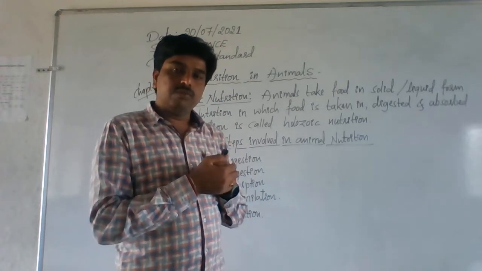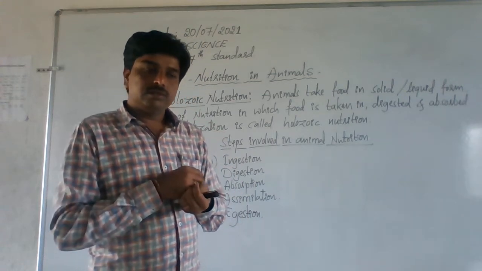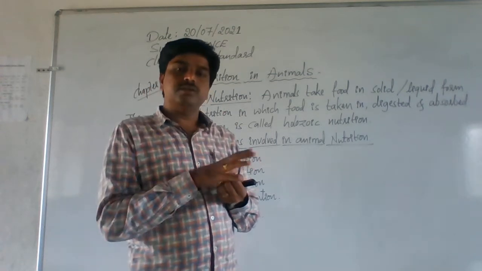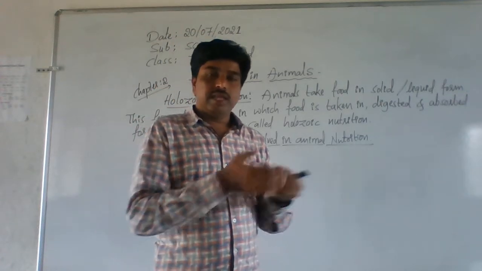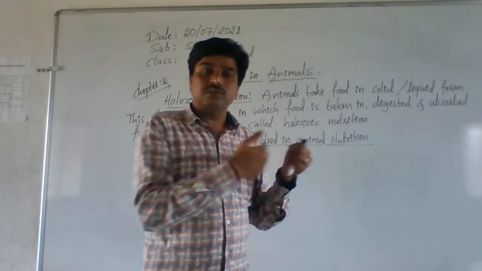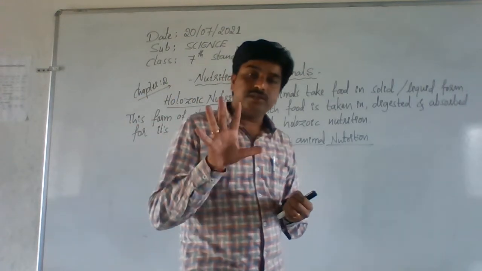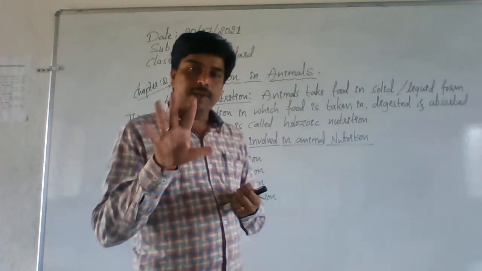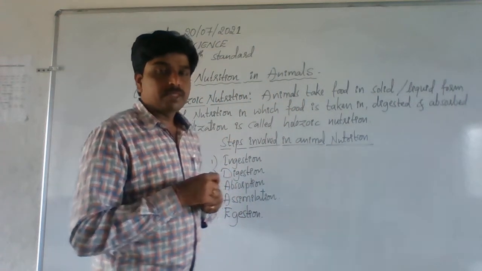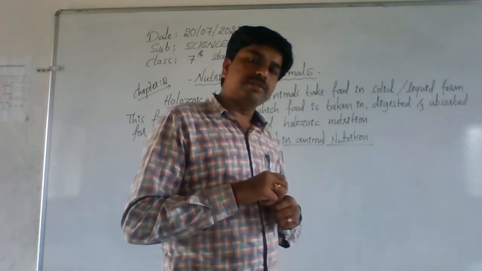That kind of nutrition we call symbiotic nutrition. Lichens and algae share their nutrients mutually with each other, so that nutrition is called symbiotic nutrition. Understand? Those plants are called symbiotic plants. That is what we learned in the first chapter, nutrition in plants.